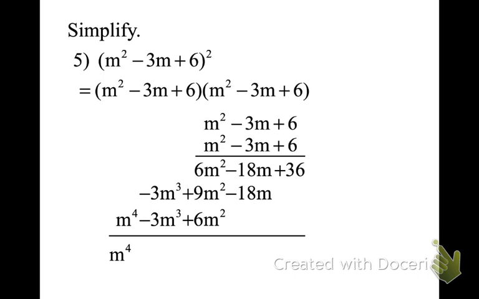Sign stays the same. 9 and 12 is 21m squared, and they're all positive. 18 and 18 is 36, but the sign stays the same, negative 36m and plus 36. Now remember, we cannot combine any terms because none of these are like terms. To be a like term is the same variable and exponent.